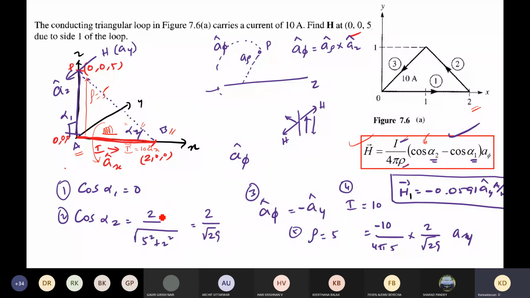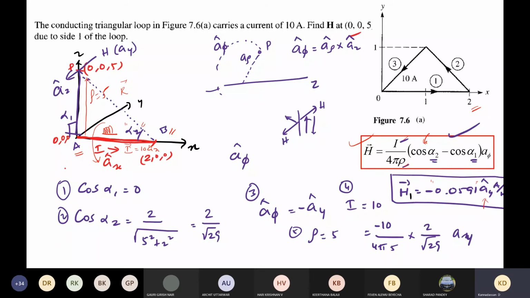So you will get 2 divided by root of 5 square plus 2 square, which is nothing but the length of this r vector. That is what we got, and this is cos alpha 2. We simply substitute everywhere and you will get the magnitude. The magnitude is a very simple part, you can easily calculate it.